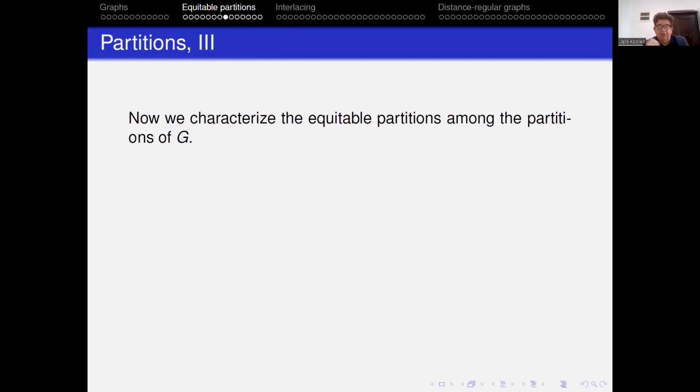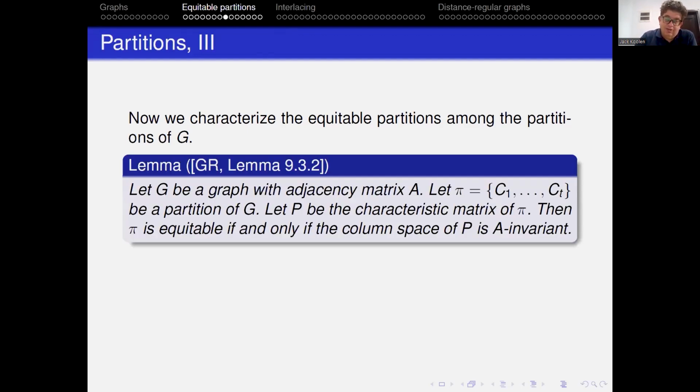So now we are going to characterize the equitable partitions among the partitions of T, and we will need this characterization later in the interlacing part. And this is from that book, lemma 9.3.2. So we say we have a graph and a partition, and the characteristic matrix P of that partition.